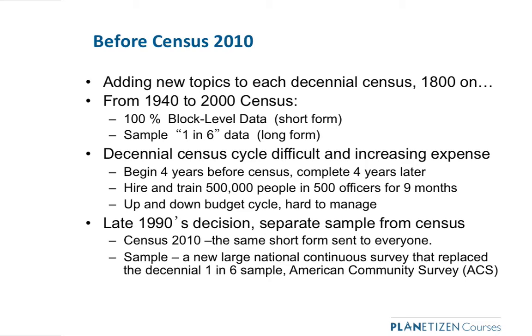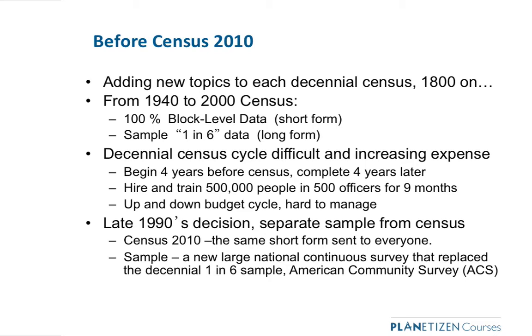But because this was such a big deal and the government was putting out all this effort to count people, many times they added additional topics. And the census began to grow and grow and grow all through the 1800s. They started asking questions about agriculture, cattle, how much crops did you grow, machinery, occupations, and so on and so on. It got to be kind of unwieldy.